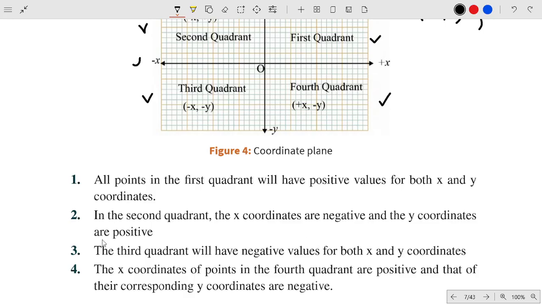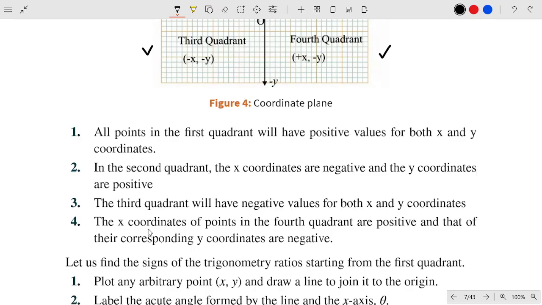So let's go through this as I just explained. All points in the first quadrant will have positive values for both x and y coordinates. In the second quadrant, the x coordinates are negative and the y coordinates are positive. The third quadrant will have negative values for both x and y.